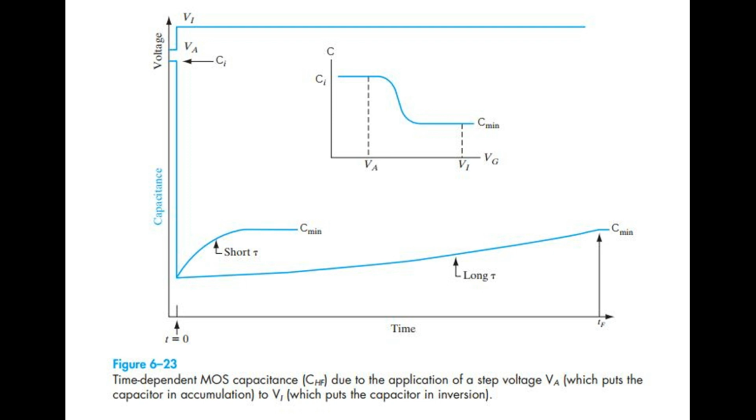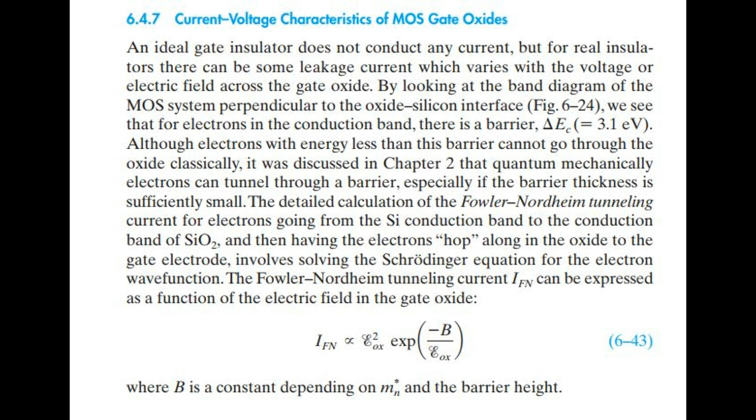Current voltage characteristics of MOS gate oxides. An ideal gate insulator does not conduct any current, but for real insulators there can be some leakage current which varies with the voltage or electric field across the gate oxide. By looking at the band diagram of the MOS system perpendicular to the oxide-silicon interface, Fig 624, we see that for electrons in the conduction band, there is a barrier, delta EC, equal to 3.1 eV.